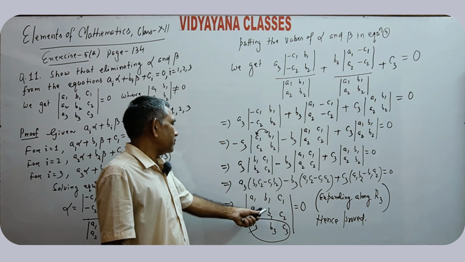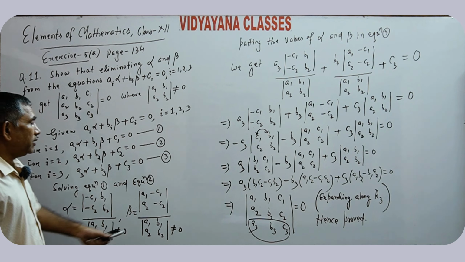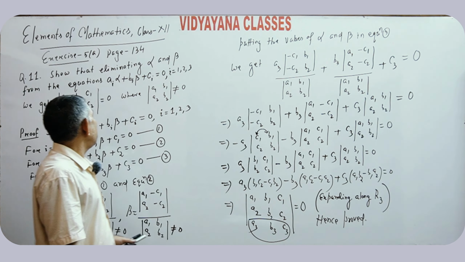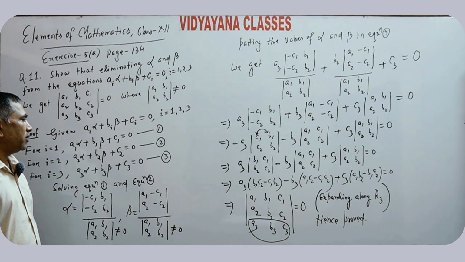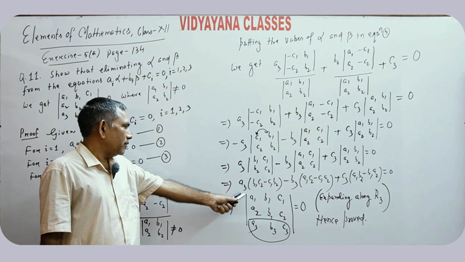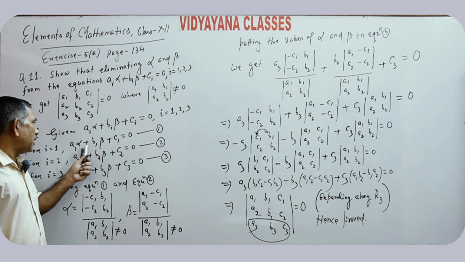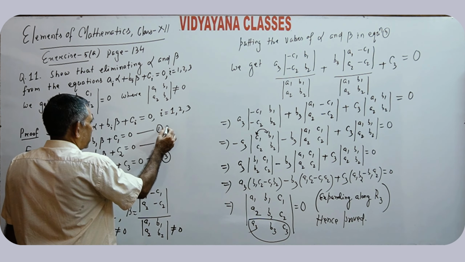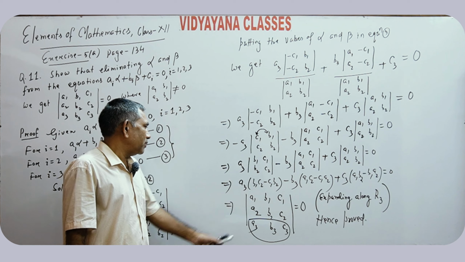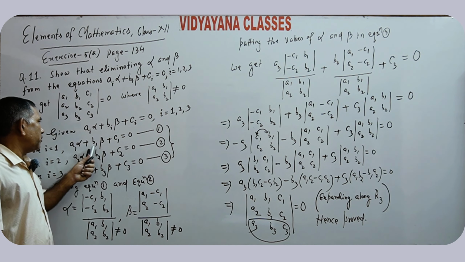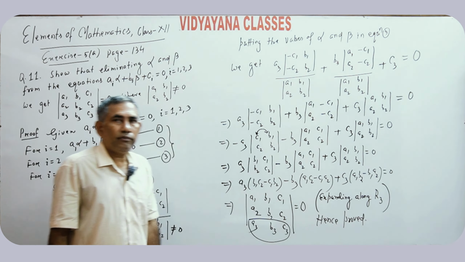This determinant has no alpha and beta. Elimination of alpha and beta from the system of equations represent the determinant of the constant terms is equal to 0. Elimination of alpha and beta from the system of equations gives the determinant of the elements, that is A1, B1, C1, A2, B2, C2, A3, B3, C3, whose value is 0.